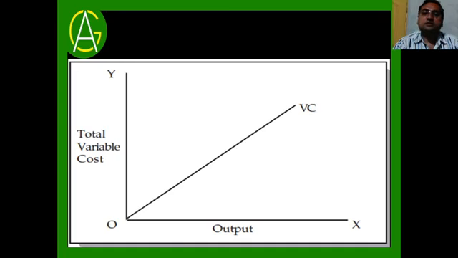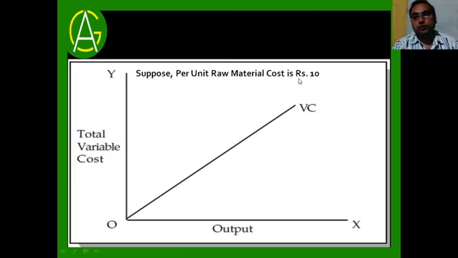So for example, the firm produces 0 unit of output, and at 0 unit of output, no variable cost will be incurred, because at 0 unit there is no variable cost. Suppose per unit variable cost is rupees 10. In order to manufacture 1 unit, the firm has to incur 10 rupees. If the firm produces 0 unit, no raw material will be required.